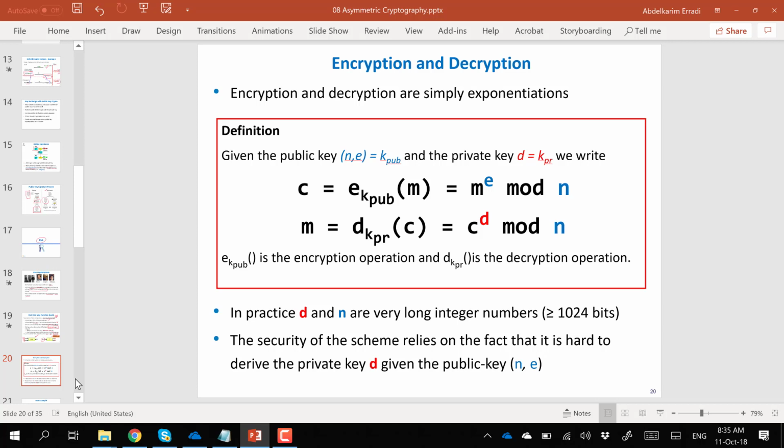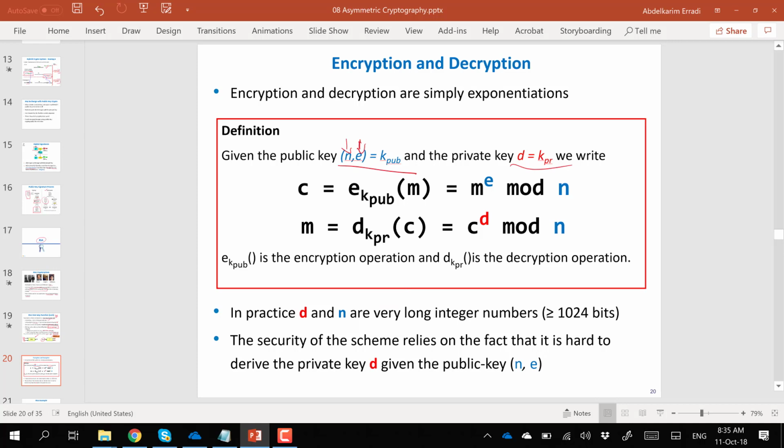Okay, so remember in asymmetric cryptography we have two keys. We have the public key and we have the private key. The public key is made up of two public numbers. One is the exponent, and one we use as a modulus.